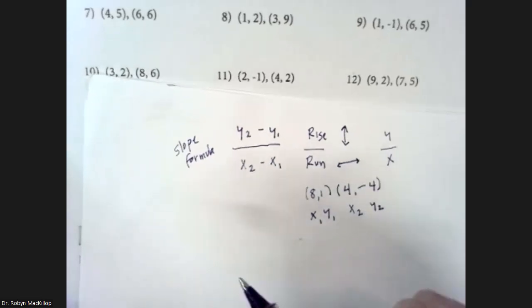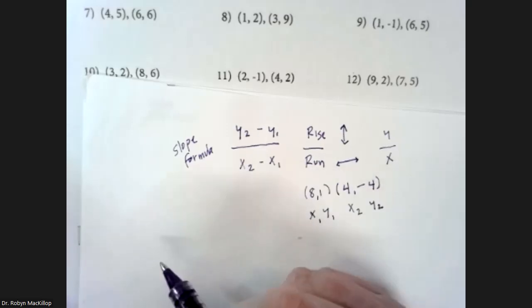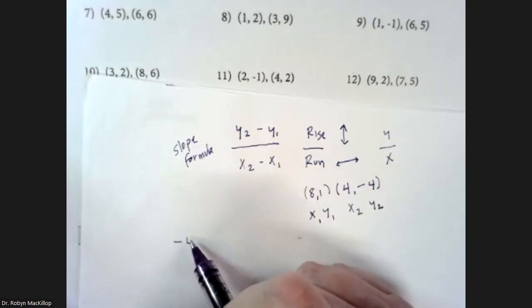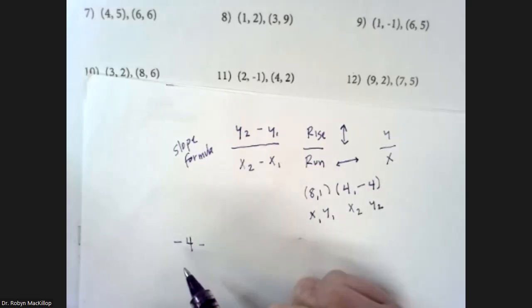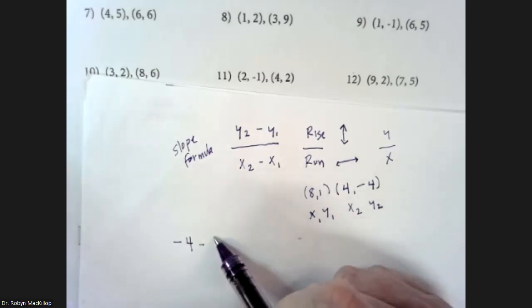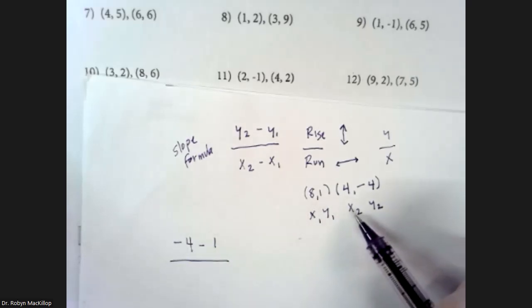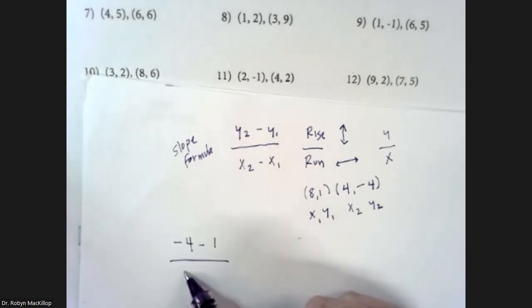And then we're going to fill this in. Y2 is -4. Minus, that's just part of the formula. Y1 is 1, over x2 is 4, minus x1 is 8.